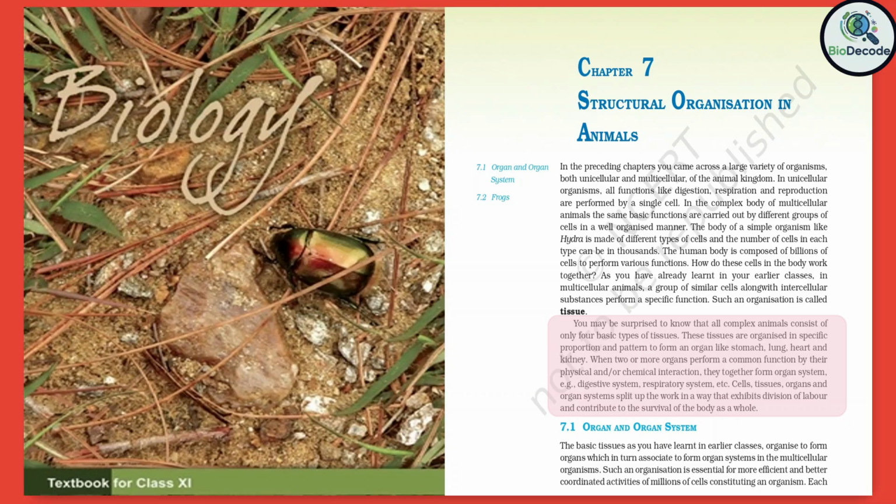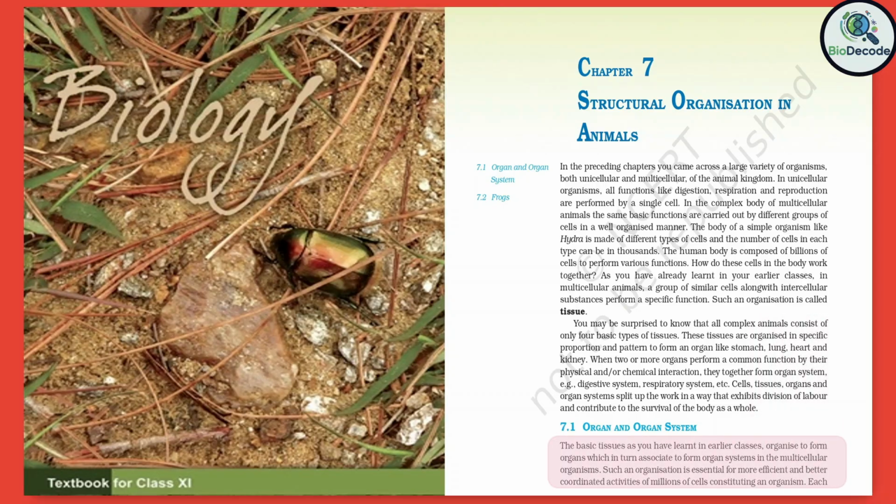When 2 or more organs perform a common function by their physical and/or chemical interaction, they together form organ system, e.g., digestive system, respiratory system, etc. Cells, tissues, organs, and organ systems split up the work in a way that exhibits division of labor and contribute to the survival of the body as a whole.